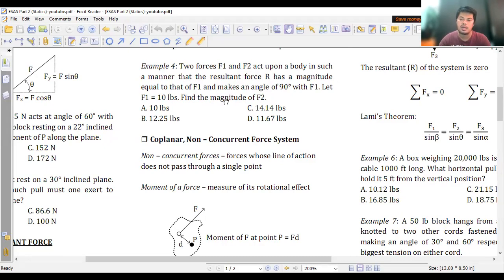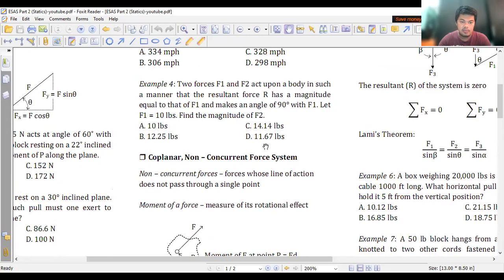This is somehow a tricky question. Take a look at example number 4. We have two forces, F1 and F2. F1 is 10 pounds, the direction of which is not given.